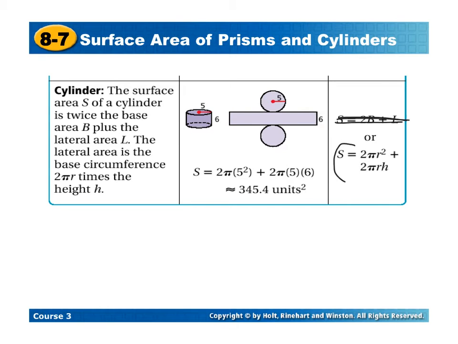I tend to encourage students to use this one, which is actually just another form of what we did before, where surface area was equal to 2 times the area of the base plus the perimeter, but this time because it's a circle, we're going to do circumference times height. And the reason they're the same is if you think about it, the area of a circle is pi times your radius squared, which is what we see right here.